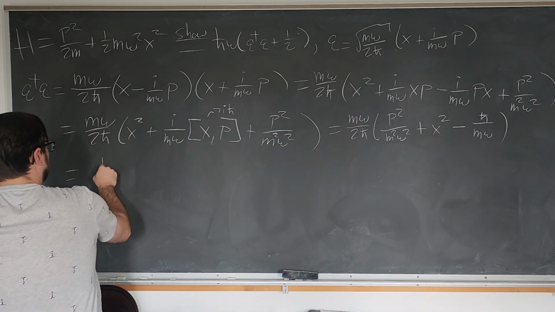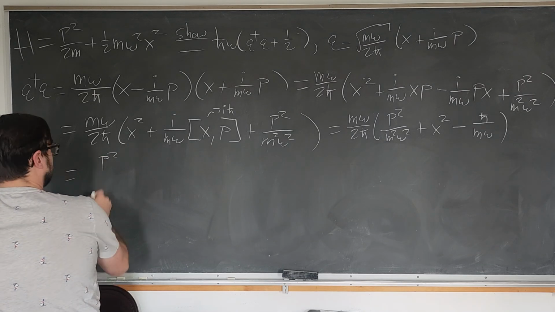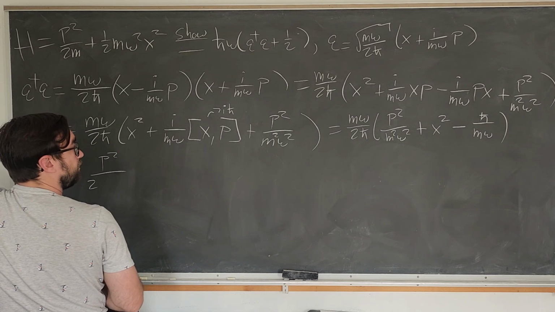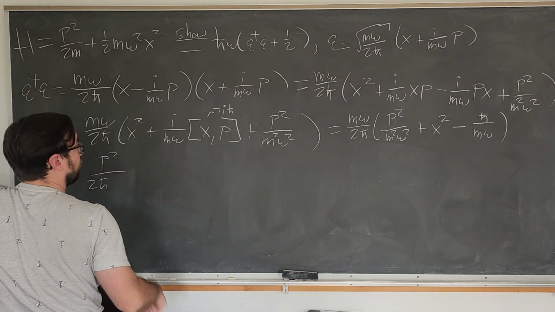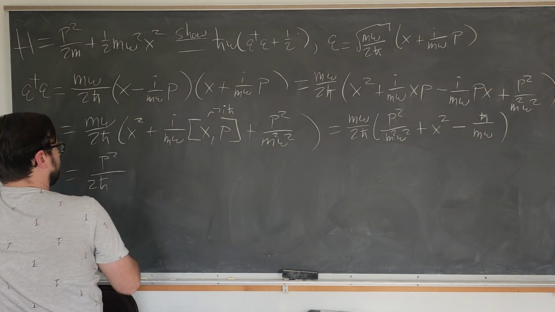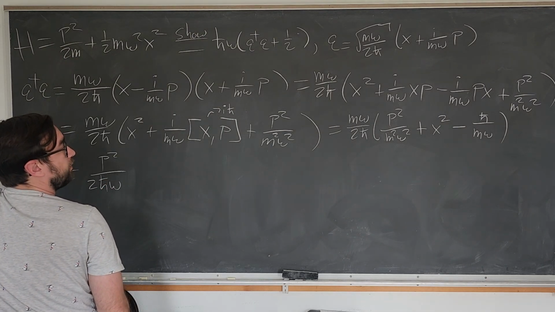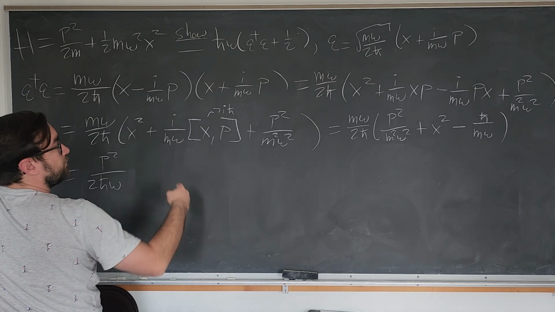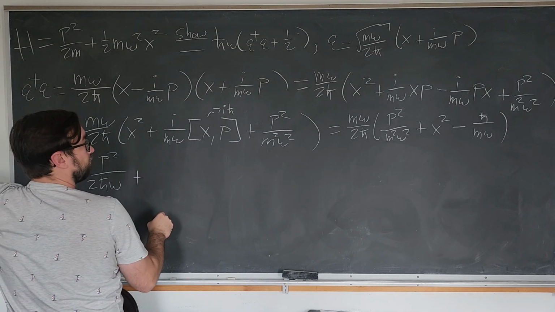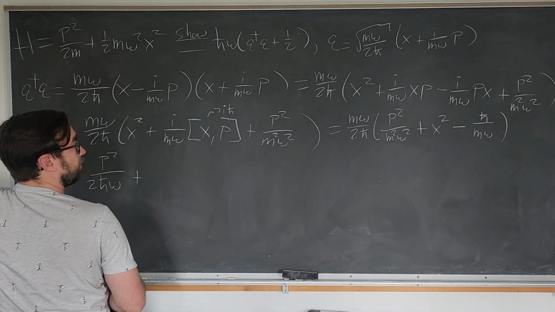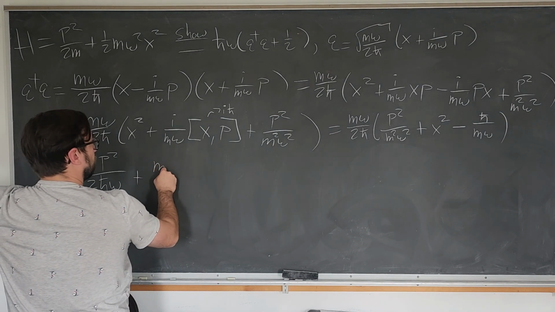Well, we're going to have p squared on top. We're going to have a 2, we're going to have an h bar, and there's going to be an omega. This is the tricky part, by the way. And we're going to have the x squared just gets everything.